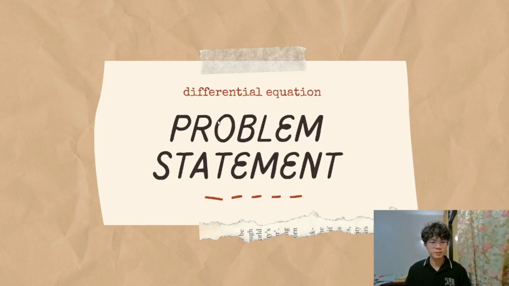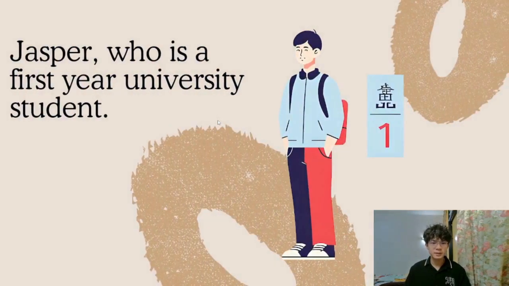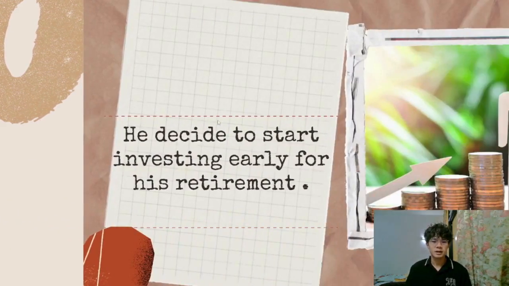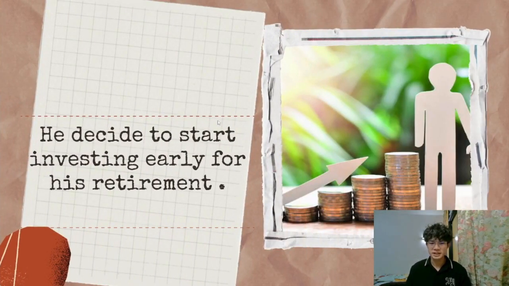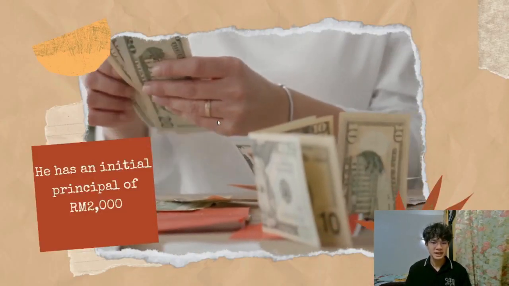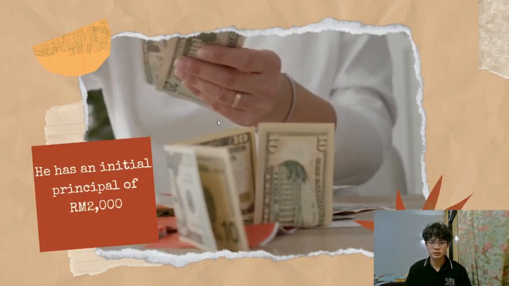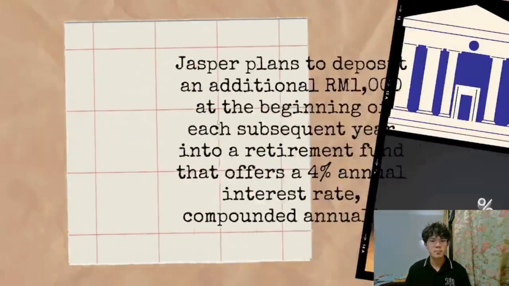Differential equation problem statement. Jasper, who is a first-year university student, decided to start investing early for his retirement. He has an initial principal of 2,000 ringgit Malaysia.